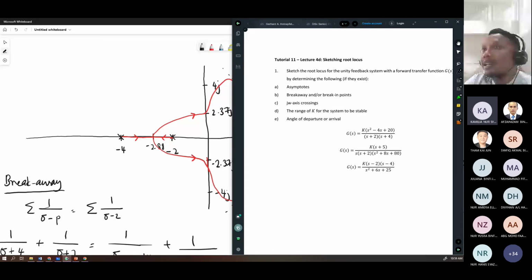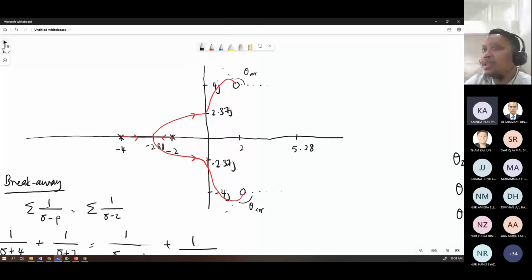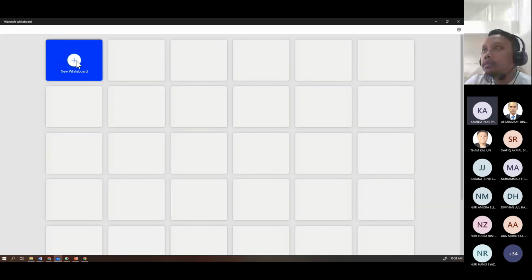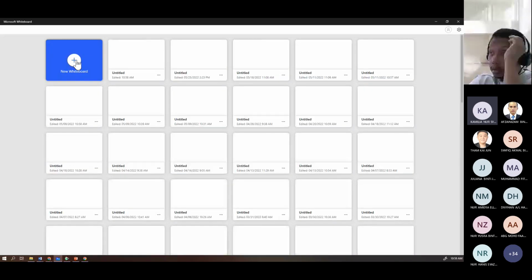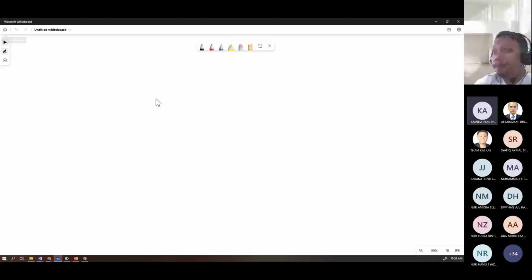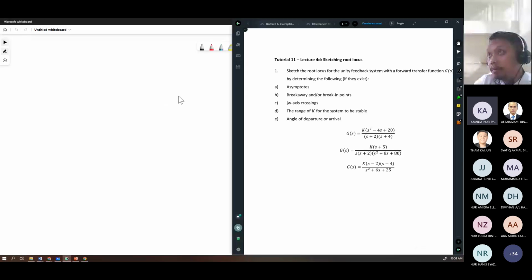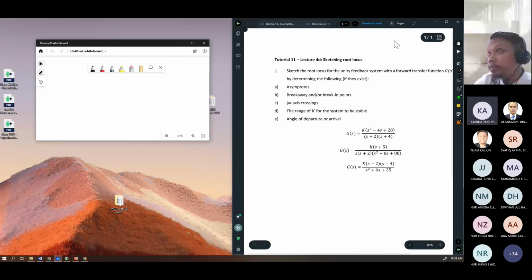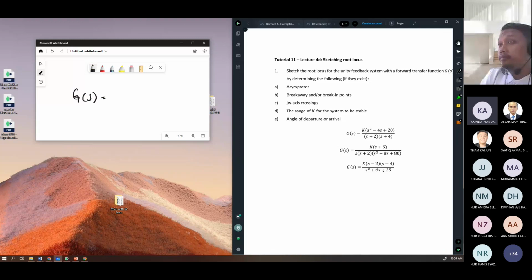Okay, so let's look at the third question. Okay, so again, this is the transfer function.